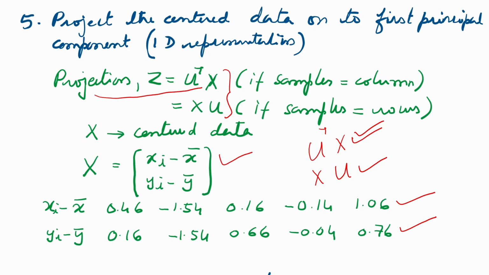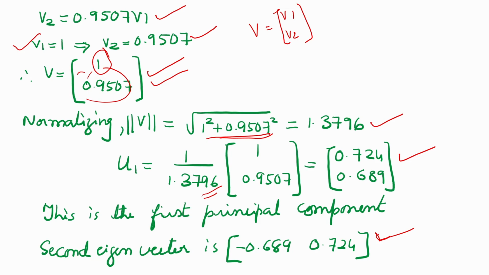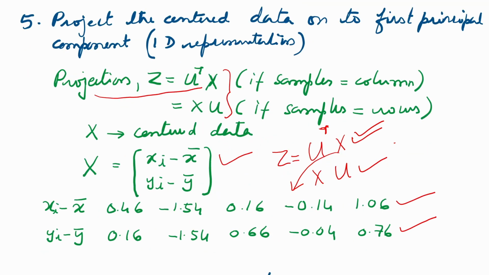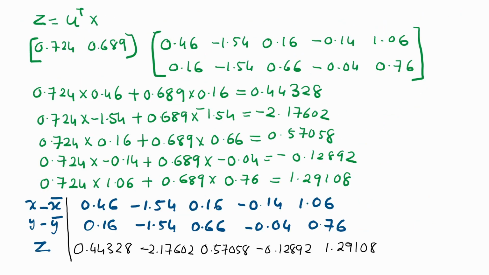Then what is the next one? We have to transform. So the projection is Z equal to U transpose X. X is what we are getting from here, and U is the first eigenvector which we found in the previous step. So you have to multiply by U transpose.